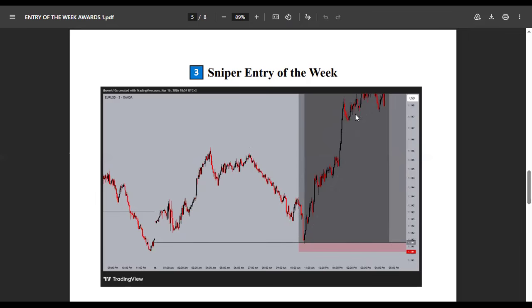And it was killed perfectly. It was so perfect. Perfect entry, sniper. Let's go now and see how we took this entry. Of course, I took this entry with my student during the session. It was perfect. So let's go and check it out.